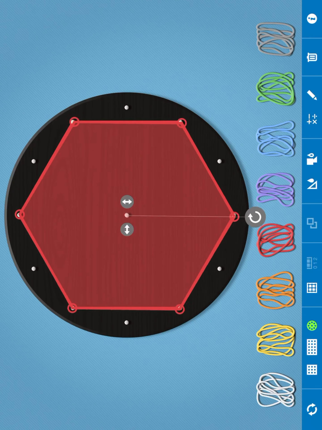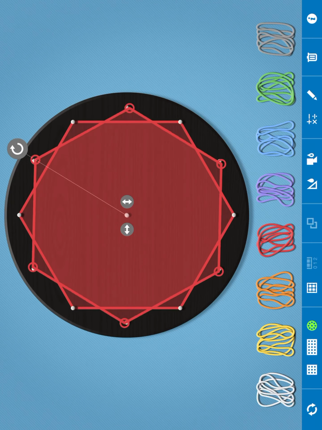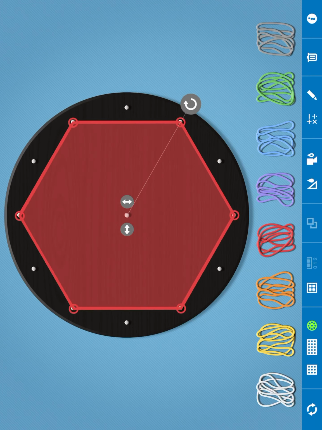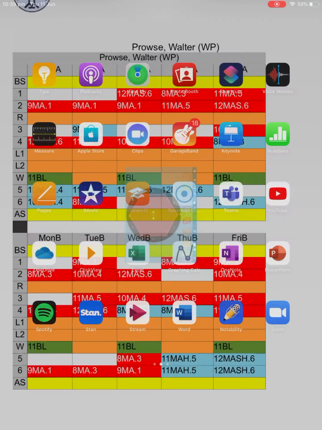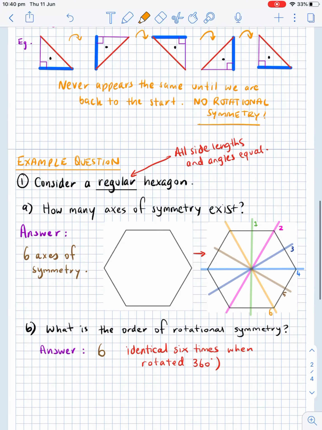Notice that I'm starting on the far right, and we have to do a full 360 rotation. How many times does it appear exactly the same? It appears the same once, twice, 3 times, 4 times, 5 times, and finally back to the start 6 times. So in that full 360 rotation, it appears the same 6 times. That means our order of rotational symmetry is going to be 6. It appears identical 6 times when rotated 360 degrees. Hope this helps with the questions. Good luck.